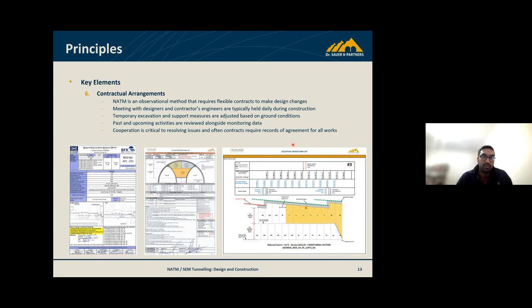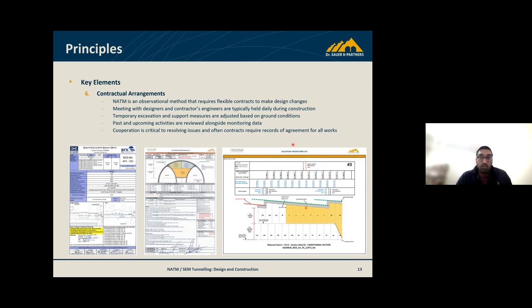So temporary excavation support measures can be adjusted based on the ground conditions, and past and upcoming activities are reviewed along with the monitoring data. And I think that's key to how we build these tunnels. They're not built in isolation. We don't just have a set of rules. As we're building them, we're reviewing data, and that's feeding back into the system for the designers to consider how we can ensure that we don't have any adverse reactions or issues in the tunnel, but also at the surface and on adjacent and important assets.